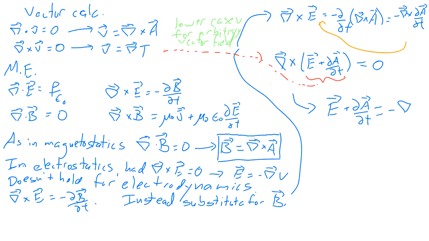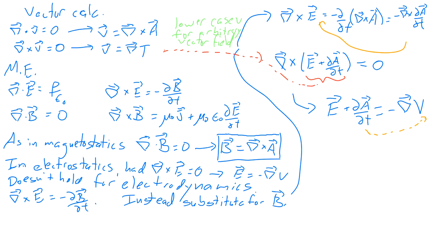And so here, let's not come up with a new name. Let's call this one a capital V, because it's still a scalar potential. And once we've done that, let's take this A potential and move that back over to the right-hand side.